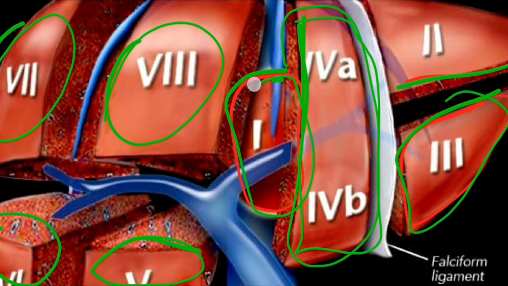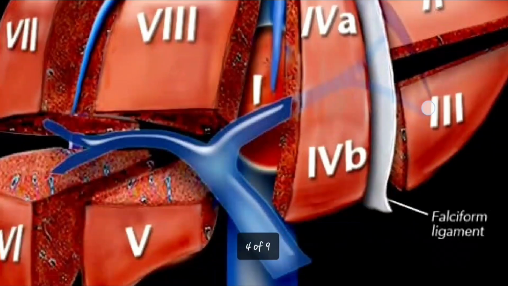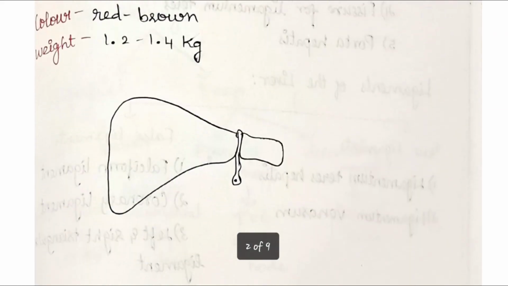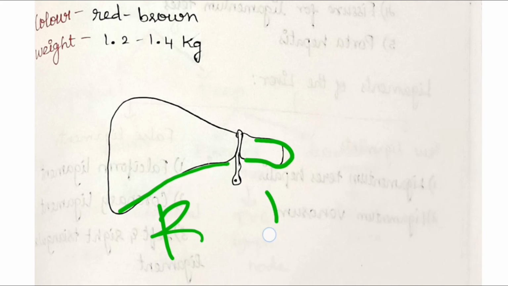According to this, the first segment is referred to as the caudate lobe, whereas the fourth is referred to as the quadrate lobe. So these are the main segments of the liver. Coming to the lobes, we normally have a right and left lobe.